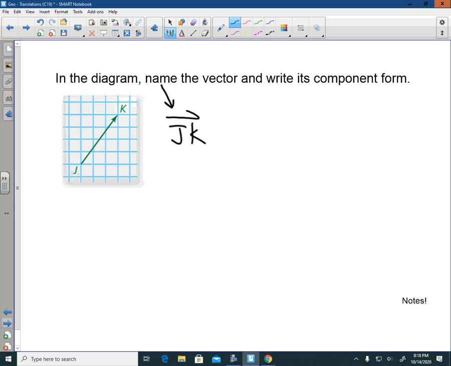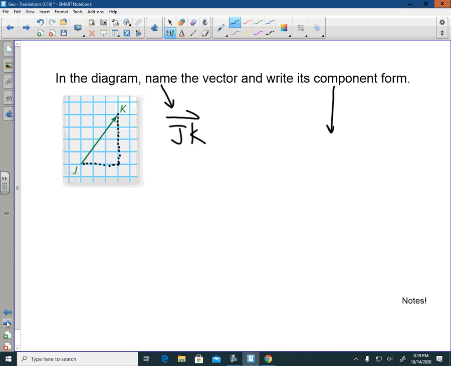Now we're going to write it in component form, and in order to do that, we need to figure out how far it travels in the x direction and how far it travels in the y direction, and that's going to be a matter of counting. So going from J to K, we're traveling this far horizontally along the x, and this far vertically in the y, and what we need to do is count that up.